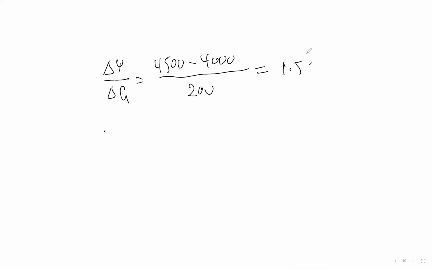So the government purchases multiplier is 1.5. So that's the answer to those questions, and now we have one more question, so let's do question number 3.